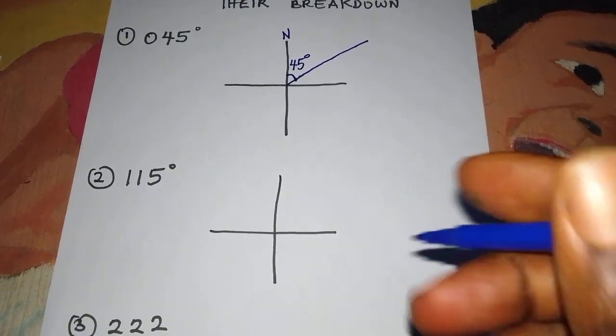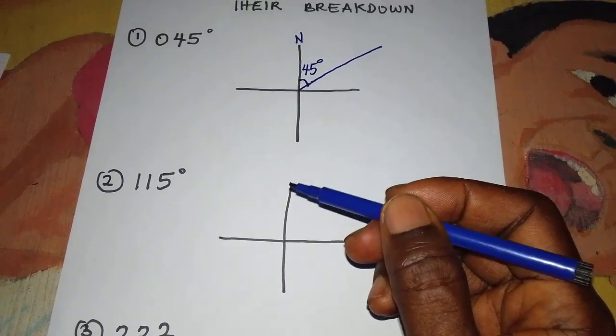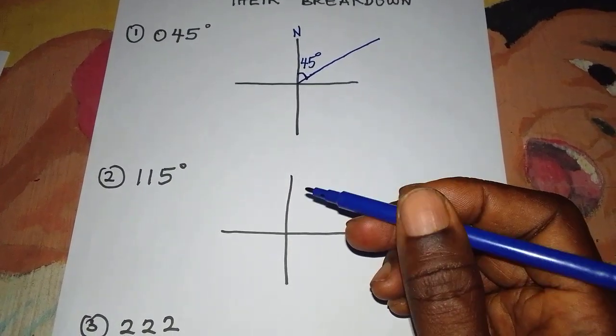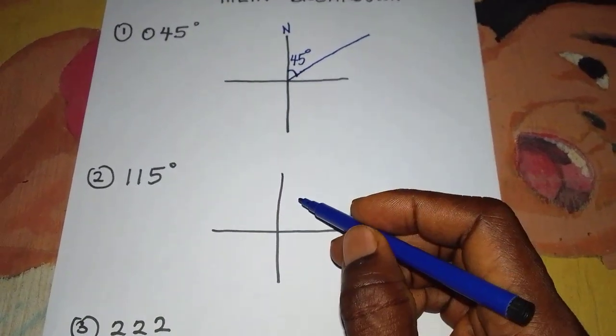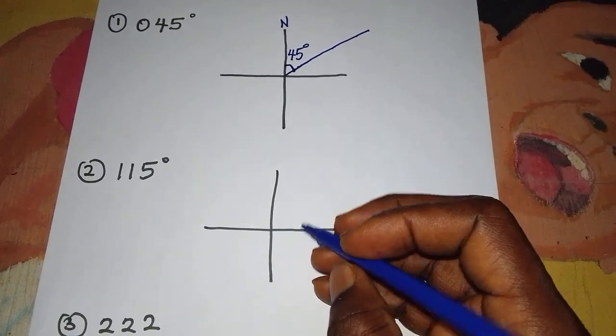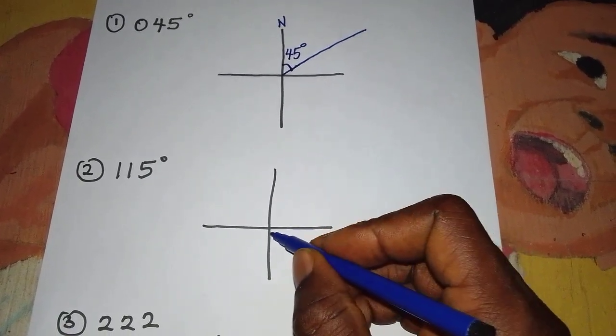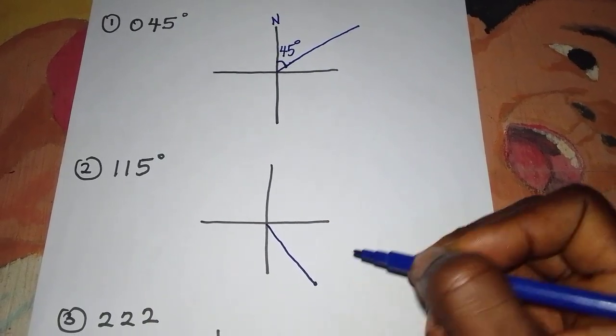Now let's look at this second one. This is angle 115 degrees. 115 degrees should be in the second quadrant. So this is the first quadrant, this is the second quadrant. To draw it on the four cardinal plane, you rule a line here in the second quadrant.